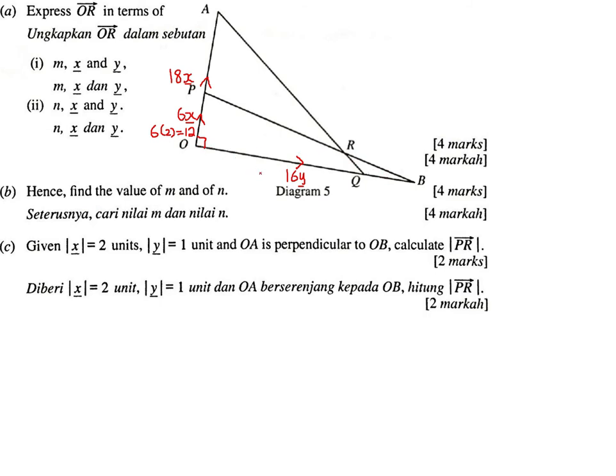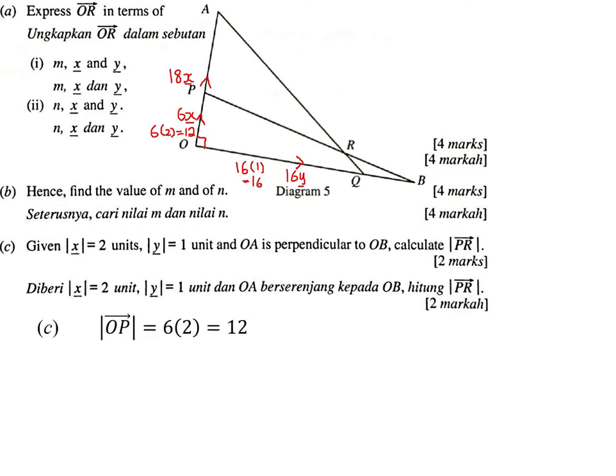The vector OB is 16y, and the length of vector y is 1. So the length of OB is 16 times 1 unit, which gives us 16. Can you see the right angle triangle here with the height of 12 unit and the base of 16? Then we can find the hypotenuse.